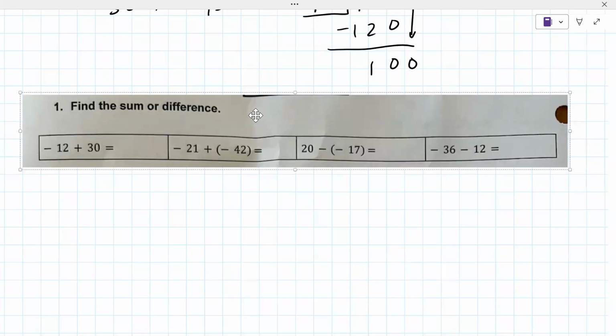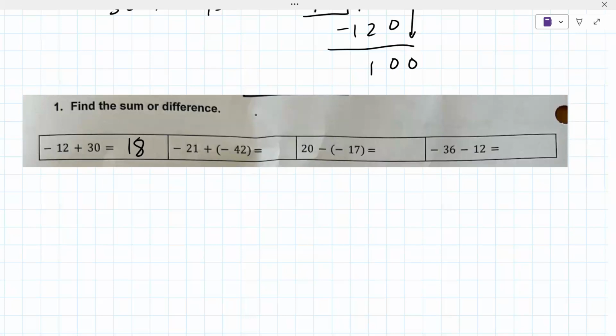So that's good. Sure. 18. Okay, agreed. Okay, then negative 21 plus negative 42 negative.